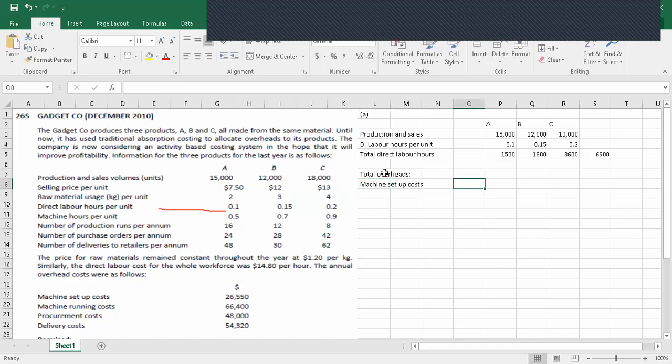We have a list of them. I am not writing the titles. I'll just write the figures here. So you also know what the items are. So, add them up.